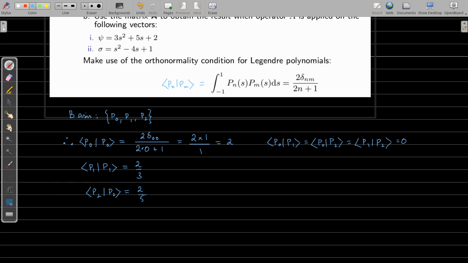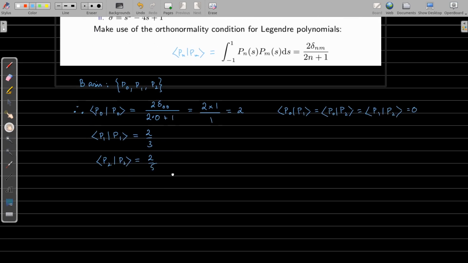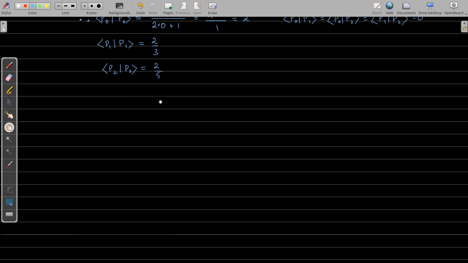Now we need to construct an orthonormal basis set, because P0, P1 and P2 are not normalized.